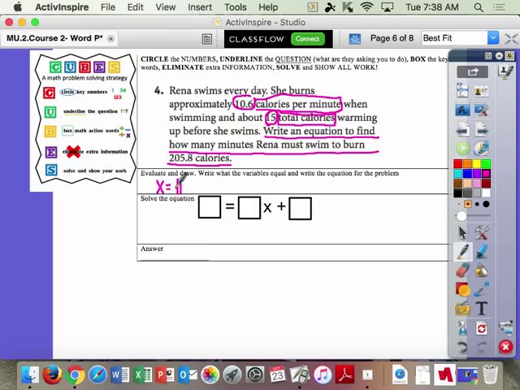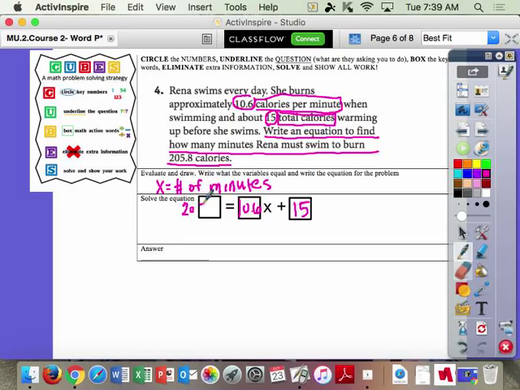So this is going to be number of what? Minutes. Good. So the thing next to that per is the number 10 6/10. And then 15 calories regardless in our warm-up.